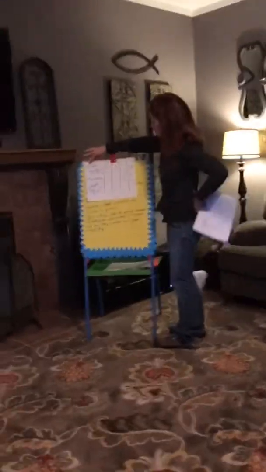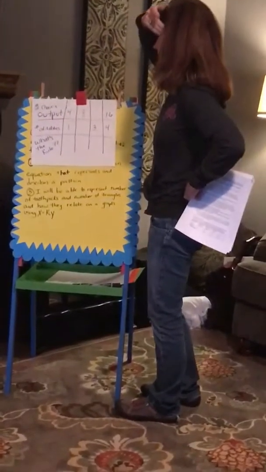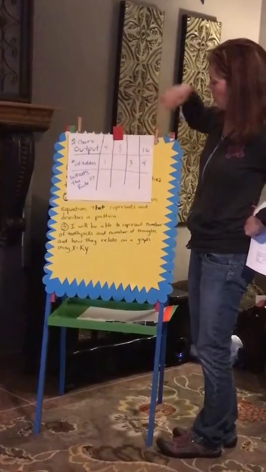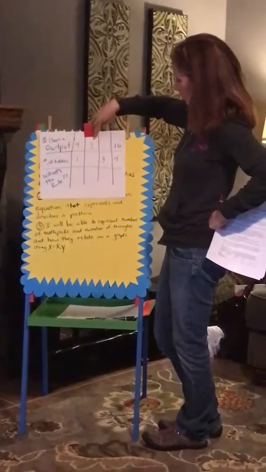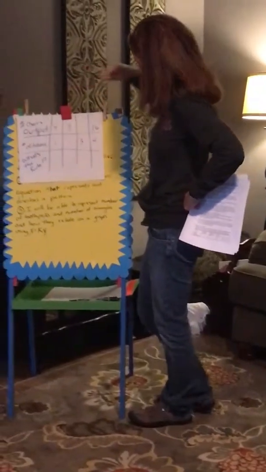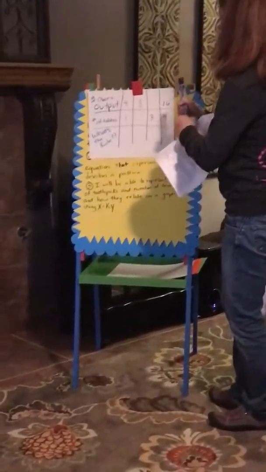We're going to be number of chairs and the number of tables. So we need 4 chairs for 1 table. We need to fill in this input-output chart. I need to put input on there. I didn't put that on there. Let me fix that.